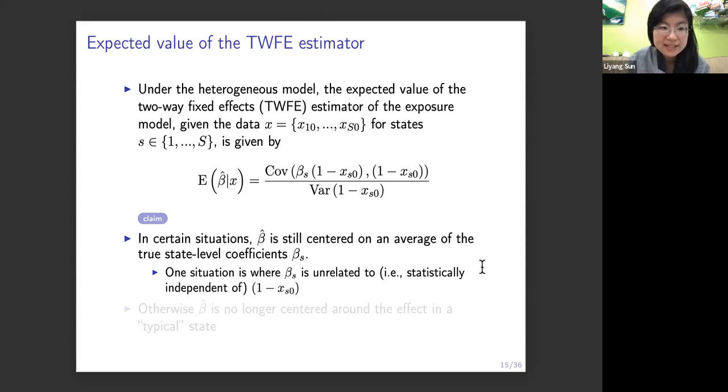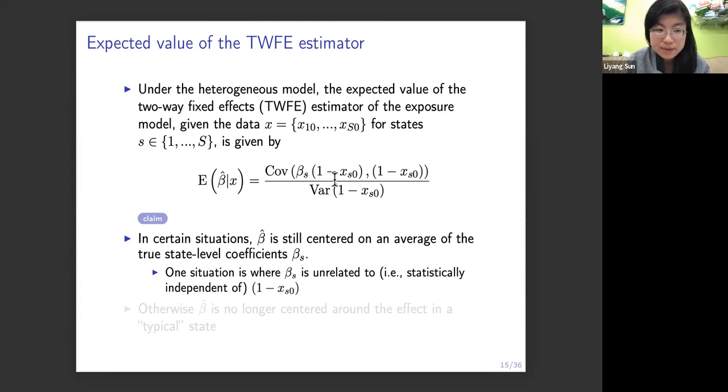So this claim says that the expected value of the two fixed effects estimator can be written as the ratio of the covariance between the effect of Medicare on expenditure and the effect of Medicare on insurance coverage, normalized by the variance of insurance coverage increase due to Medicare across states.